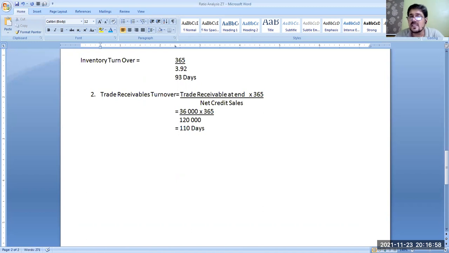It means to recover your amount, it takes 110 days, almost 4 months, to collect money from your credit customers. This is not a good situation.